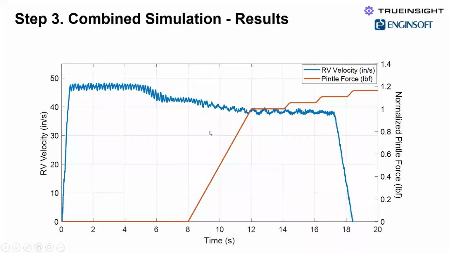And what we did here with the pintle force is, we waited until the vehicle was operating steady state down the track. Then we gradually increased the pintle force, and then we started taking these steps. The reason we have these steps is that as one is increasing the pintle force, it may be at a limit where the track is ready to break out, but the velocity will continue, just due to inertia.